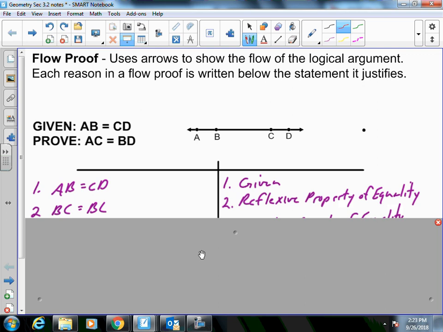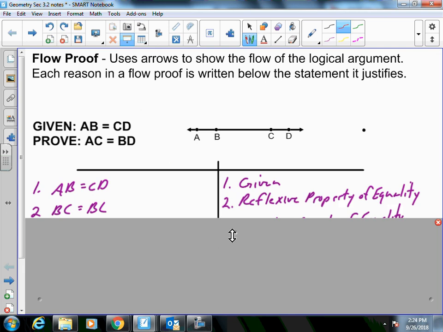Our whole purpose of entering it in there is because we know we need to add BC to AB to make this section that will ultimately be AC, and we need to add BC to CD to make this section that will ultimately be BD, which is where we're trying to get to, AC and BD equal to each other.